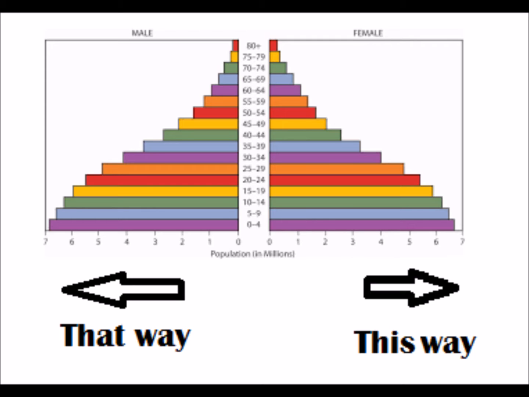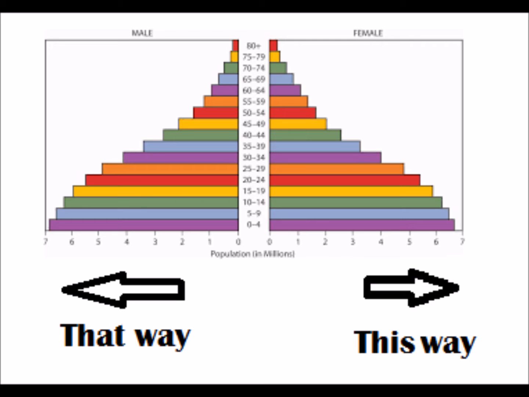Okay, so here you have the population pyramid, and in the center you have the different age ranges. Usually this is a 10 year span. So you have 0 to 10, 11 to 20, going up the line, and when you reach about 70, you refer to that as 70 plus.